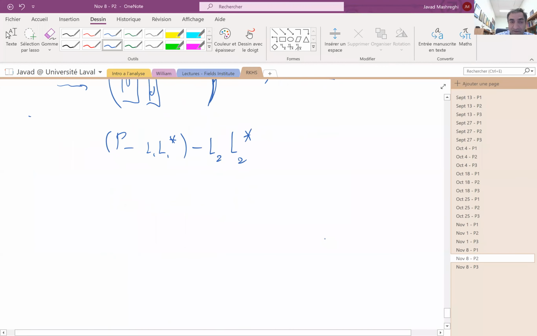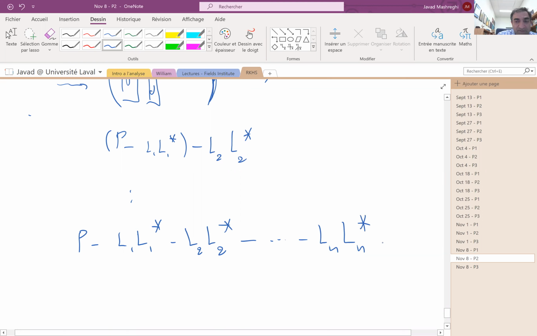At the end, what do I obtain? If it is successful up to the end, if the algorithm does not stop, at the end, I obtain P minus L1 star minus L2 star, up to Ln star, equal to 0. It's a matrix which is identically equal to 0.